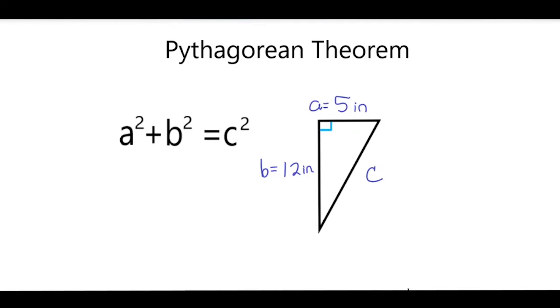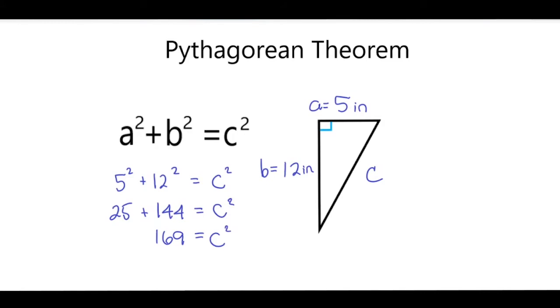Okay, so we'll say 5 squared plus 12 squared equals C squared. So 5 squared is 25 plus 12 squared, which is 144, equals C squared. 25 plus 144 is 169, and that equals C squared.